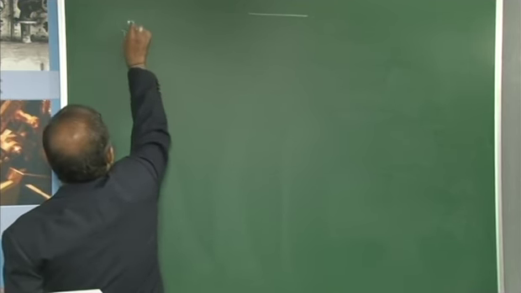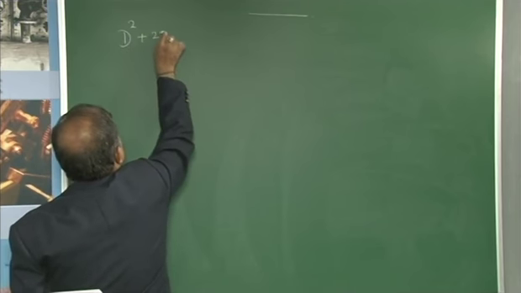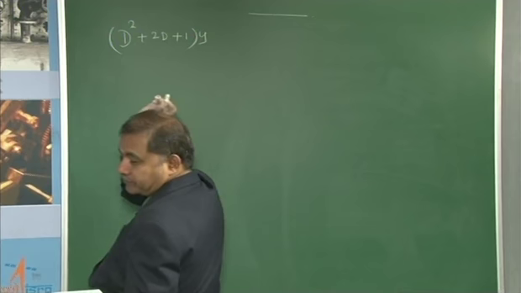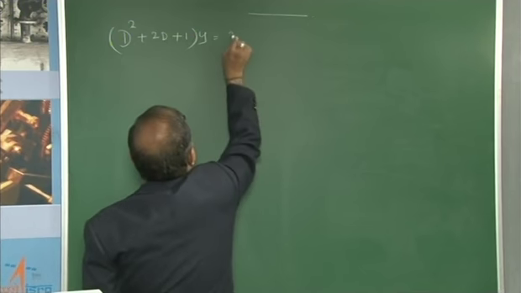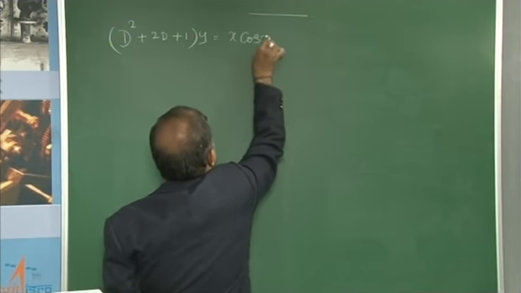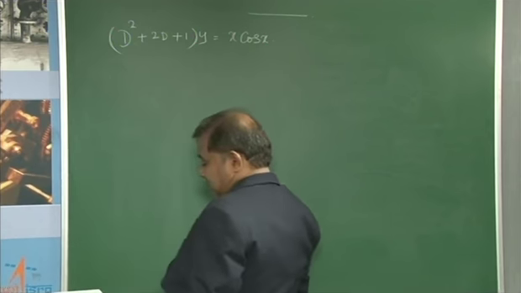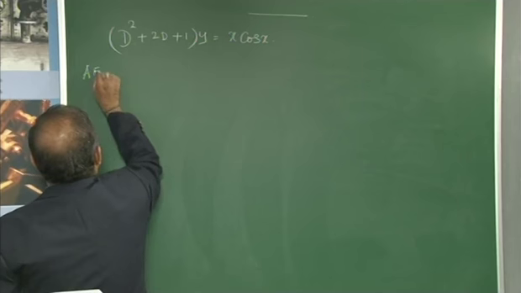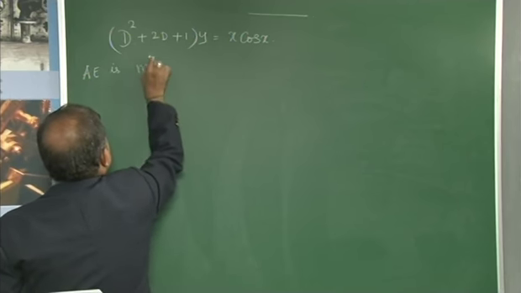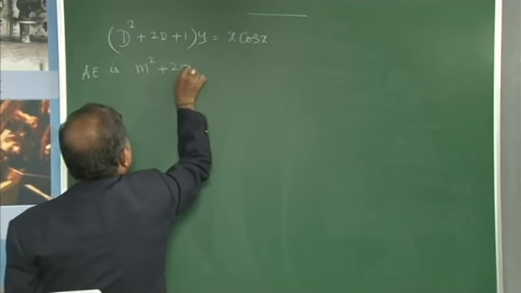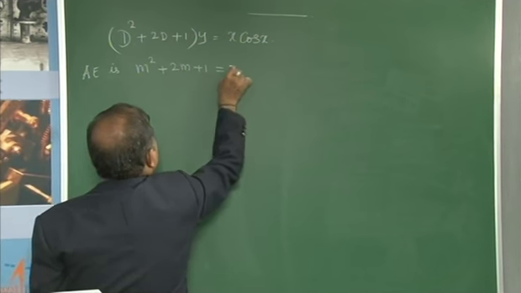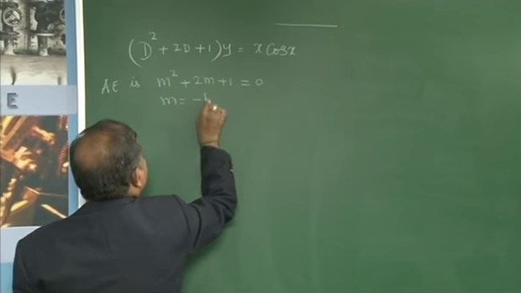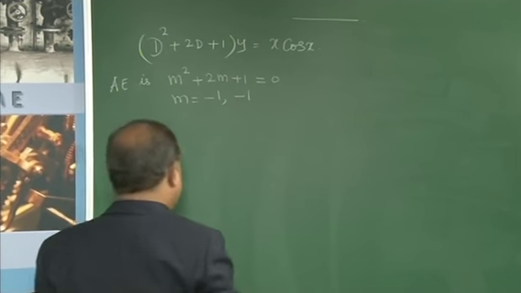(D squared plus 2D plus 1) y is equal to x cos x. x cos x, already in the standard form it is given. What is our auxiliary equation? m squared plus 2m plus 1 is equal to 0. What are the roots? Minus 1, equal.